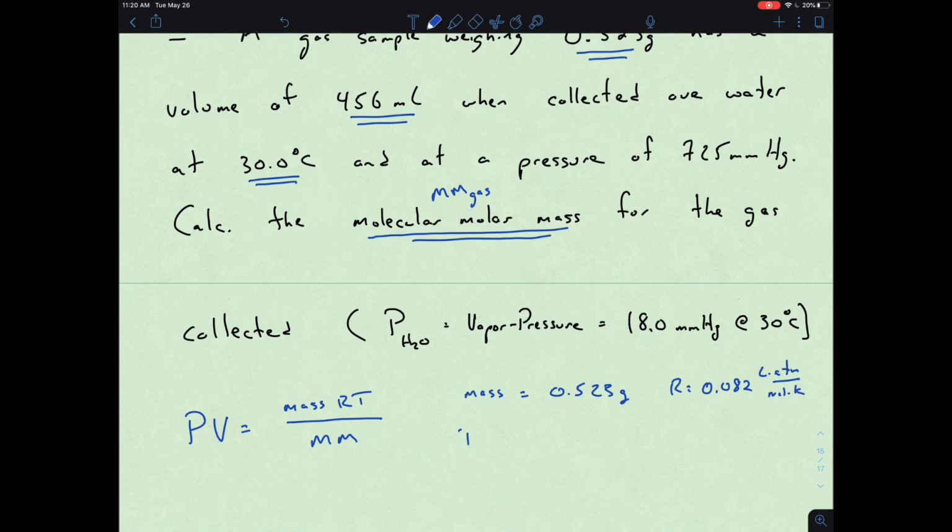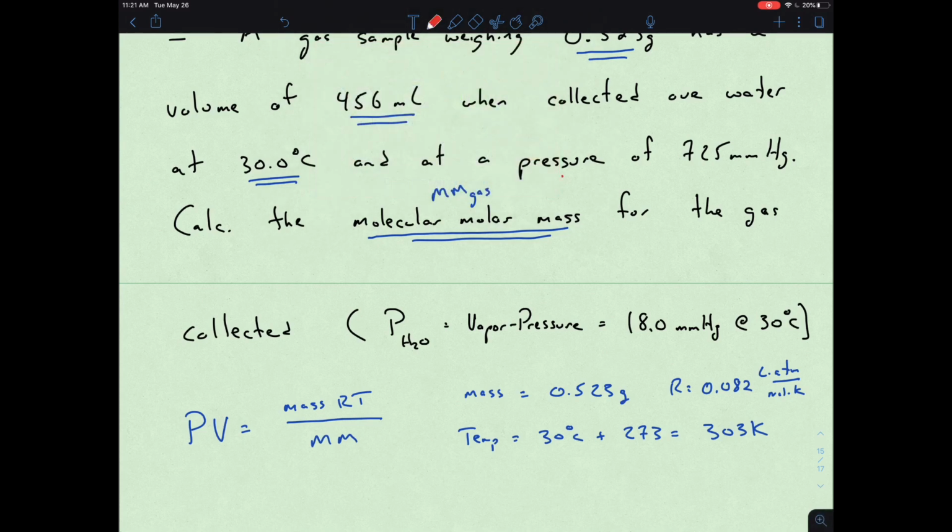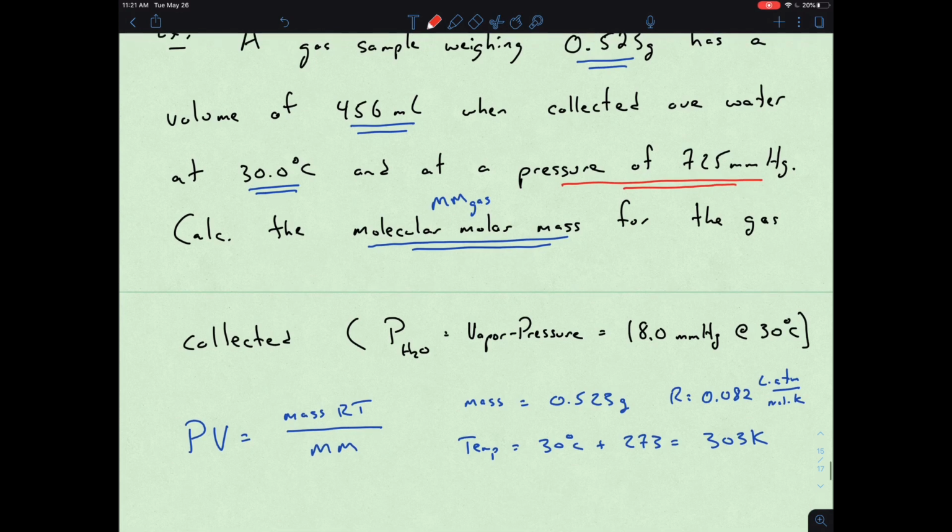And our temperature would be the 30 degrees Celsius plus 273, or 303 Kelvin. And I also have a pressure here, but we need to be careful with this idea of the pressure. This is for a mixture of gases.